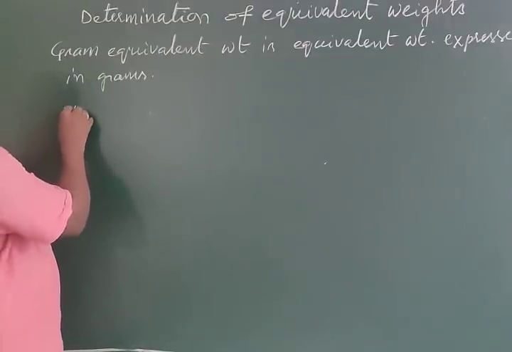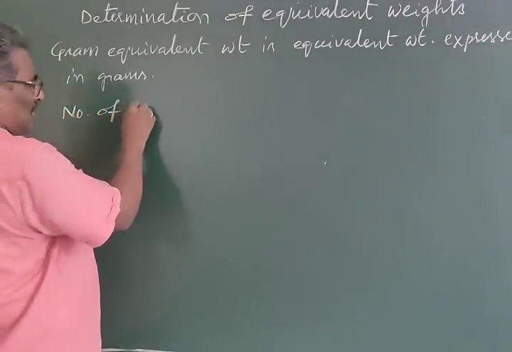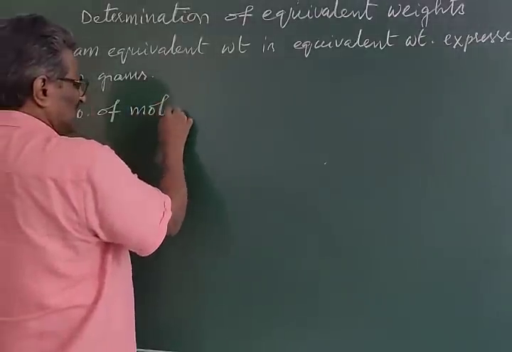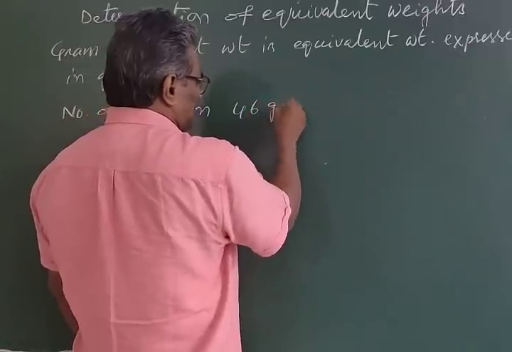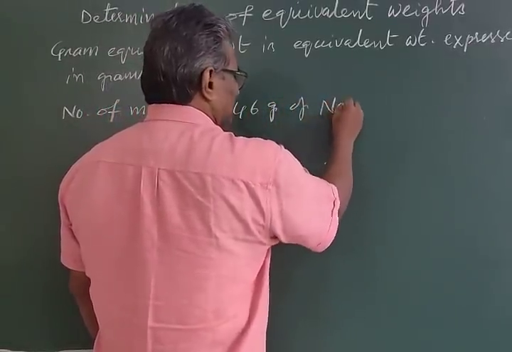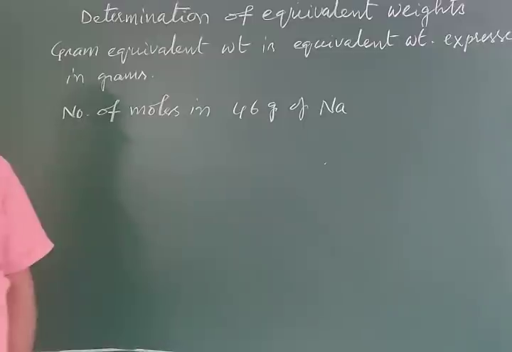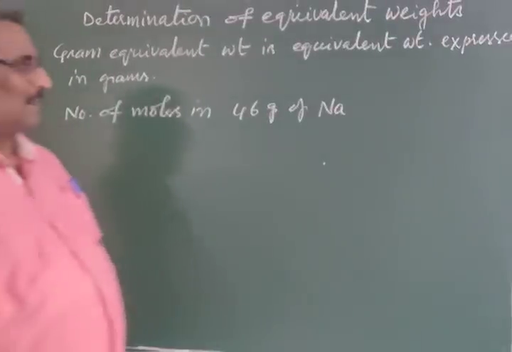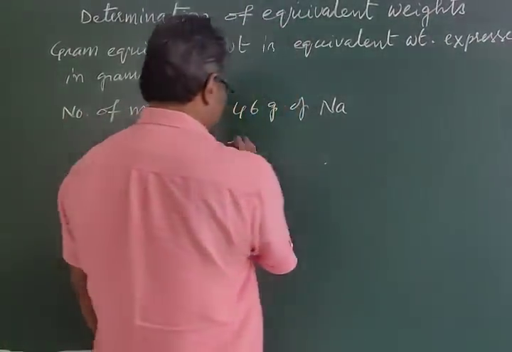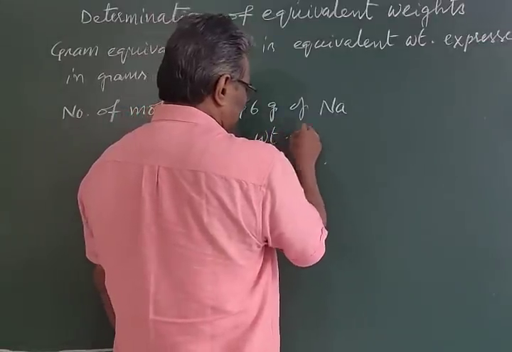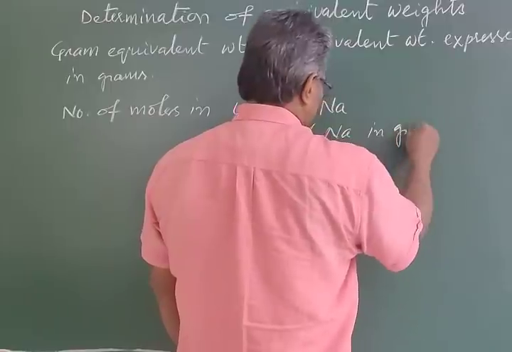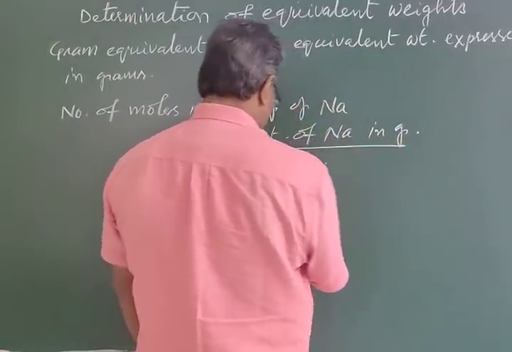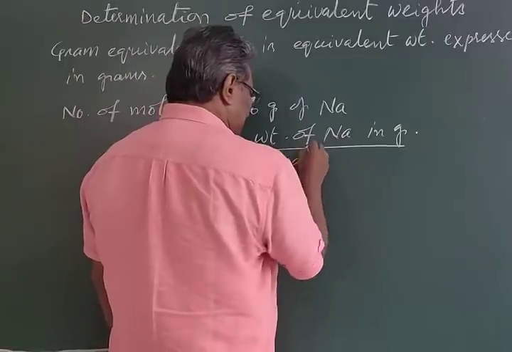Suppose the number of moles in 46 grams of sodium is equal to the weight of sodium in grams divided by the gram atomic weight of sodium.